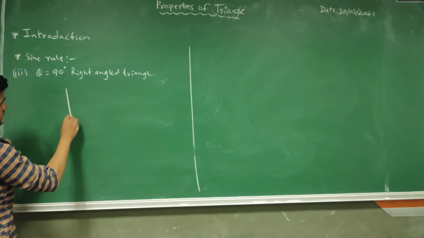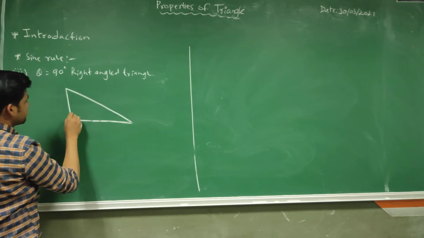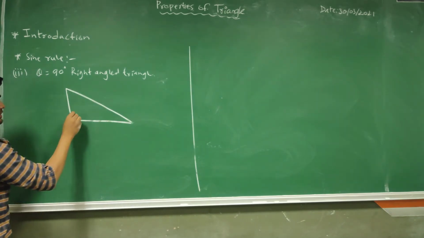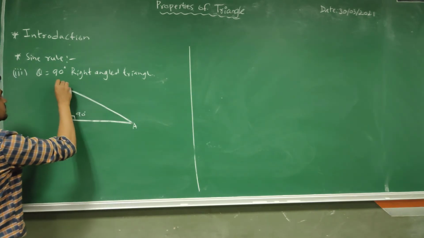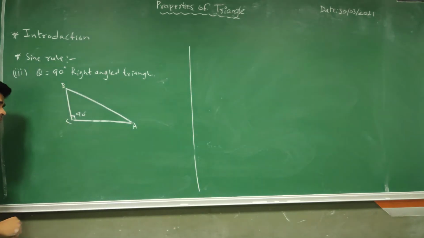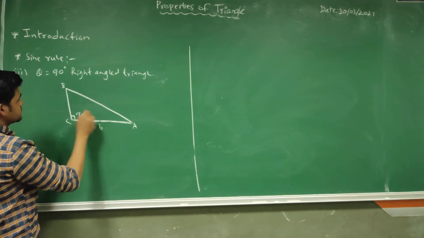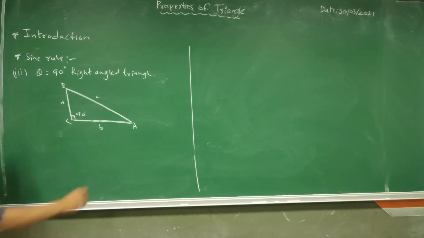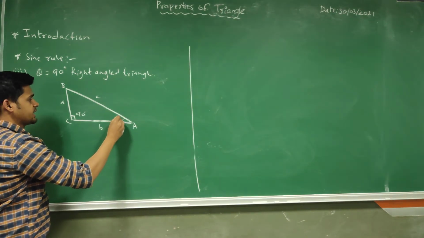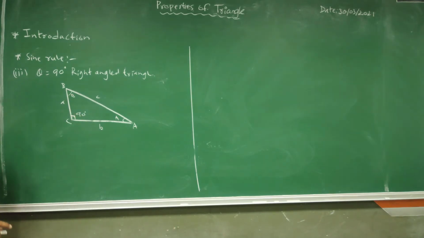Here I am drawing a right angle triangle where one angle is 90 degrees. Let's suppose this is A, this is B, this is C, and the sides are side B, side A, side C. This is angle A, this is angle B, and angle C is 90 degrees.